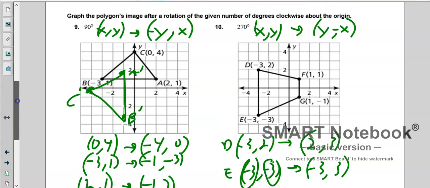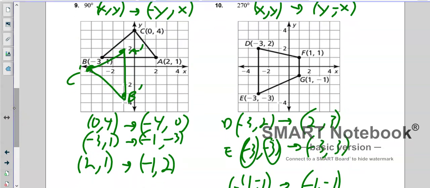Okay, so back up here. 2, 3. 1, 2, 1, 2, 3. That is my D prime. Negative 3, positive 3. That's my E prime. G, negative 1, negative 1.